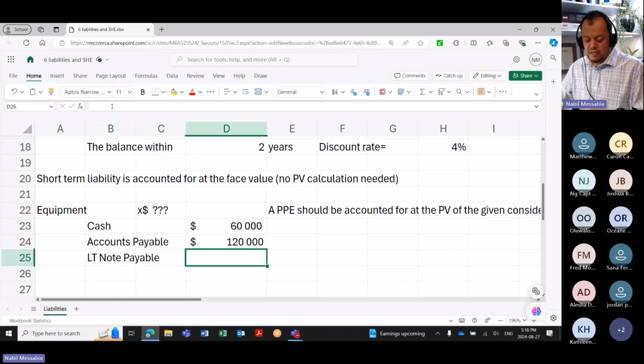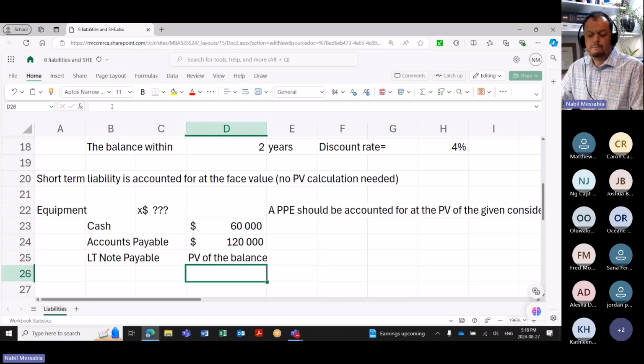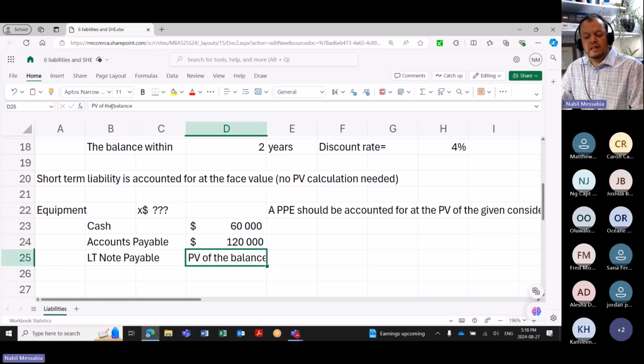Here we have to make a calculation: the present value of the balance. And when we get this amount, the present value of the equipment would be the addition of the three present values.